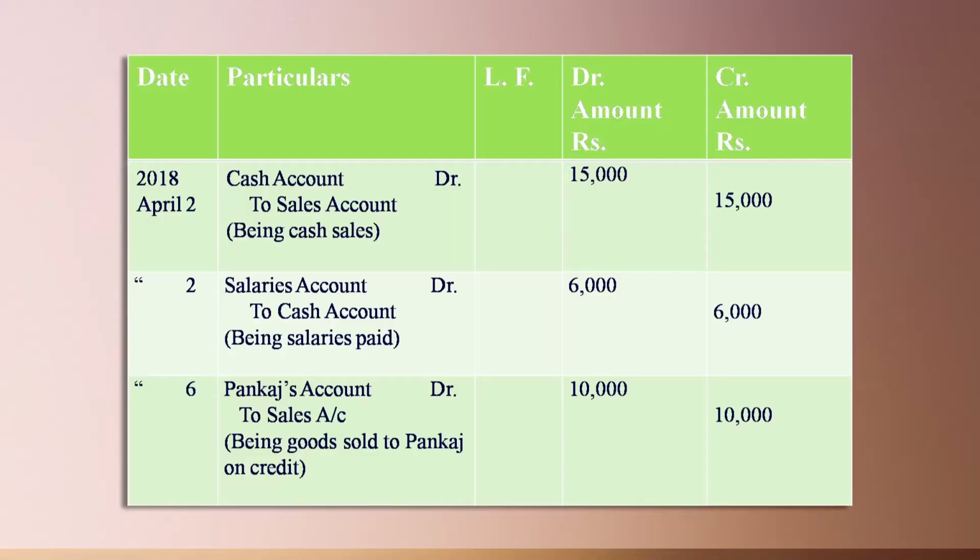Sales being a revenue for the business, the sales account will be credited. So the journal entry would be Pankaj's account debit to sales 10,000 rupees.